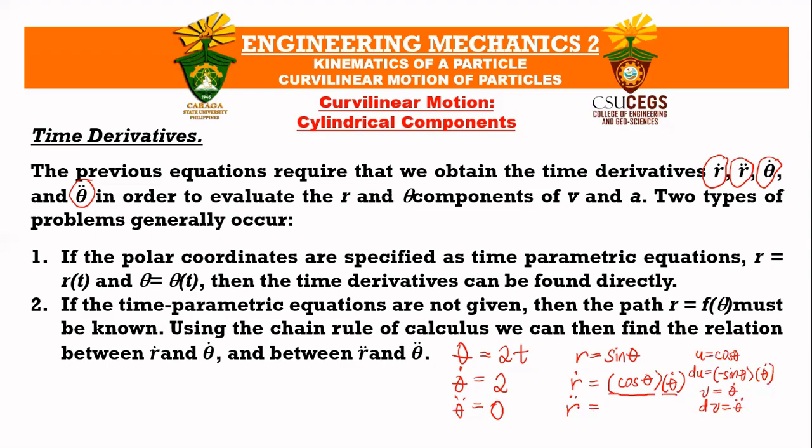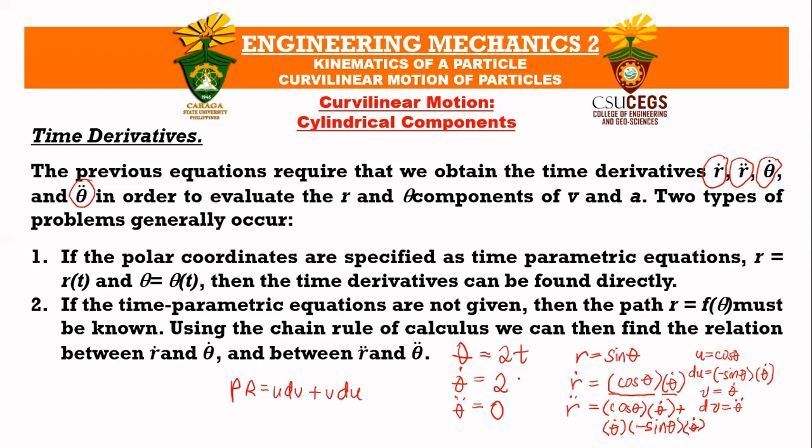So using the product rule, which is u dv plus v du, that would be u is cosine theta, and dv is theta double dot, plus v is theta dot times du is negative sine theta times theta dot. So you only need to simplify this to determine the second derivative of r. So that is the difference when you do time derivatives.